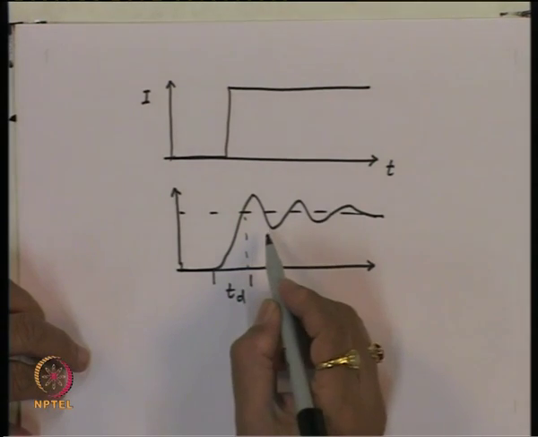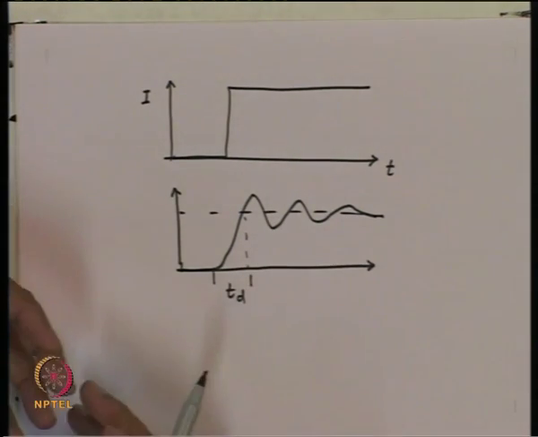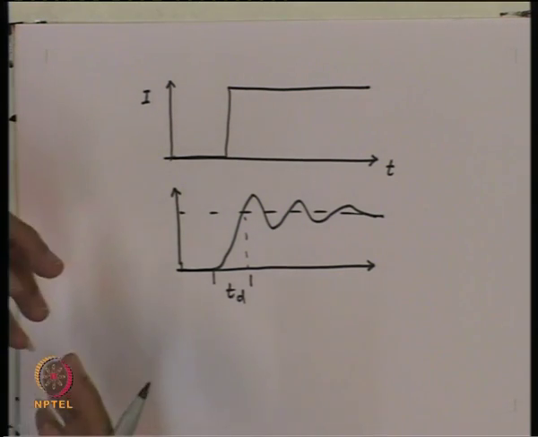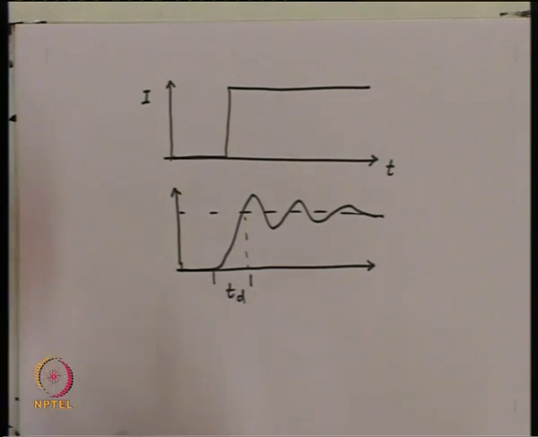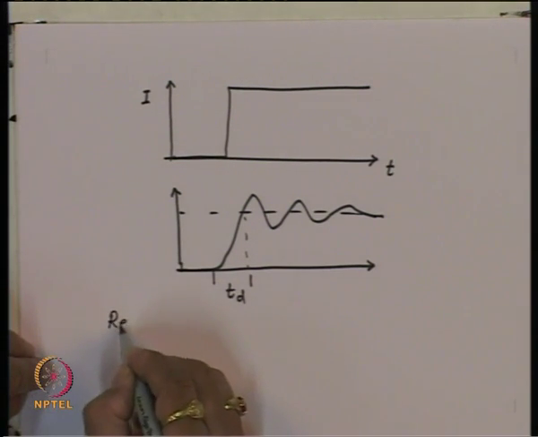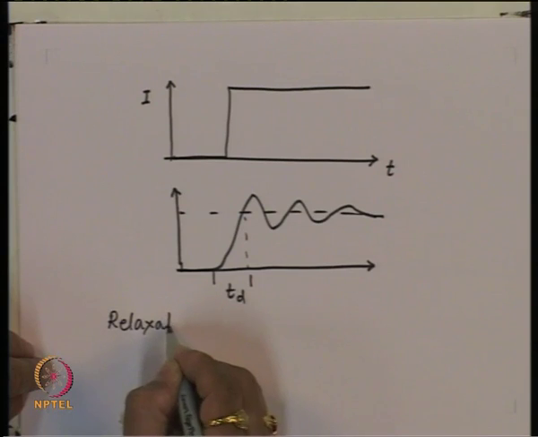And later on we will see that this contributes some kind of noise into the optical communication system, which will affect your system performance. So, this phenomenon is what is called the relaxation oscillation.